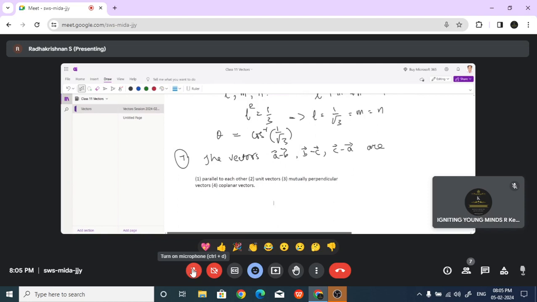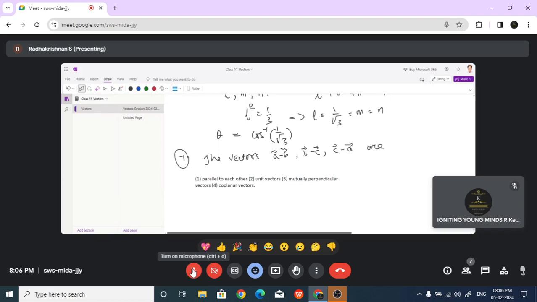They can be anything. Okay. So given that they can be anything, will A minus B, B minus C, and C minus A be parallel to each other? No, sir. Option D, coplanar vectors. Varsha, you are saying option D. Okay. You others agree?